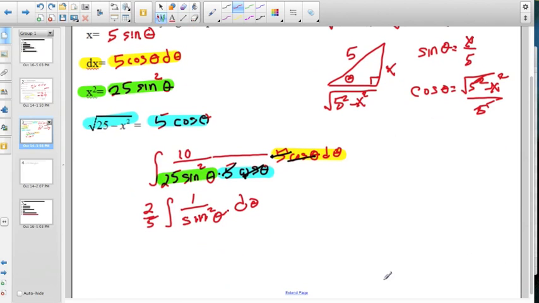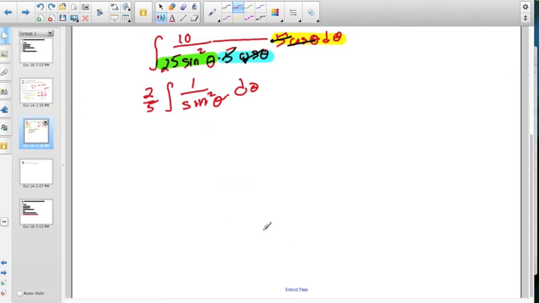In integrating this, if you remember back to your integrating trig identities, we would write this in terms of cosecant, because that's just the reciprocal of sine.